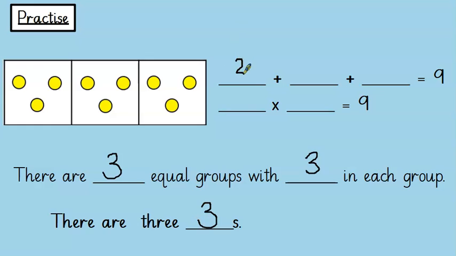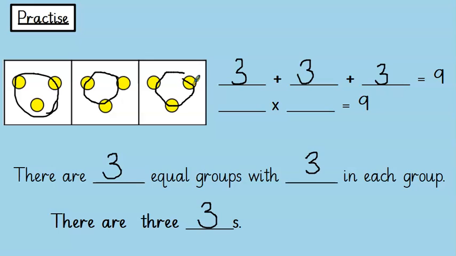So that's the same as 3, add 3, add 3. Or 3 how many times? I've got 3 1 time, 2 times, and 3 times. I've got 3 times 3.